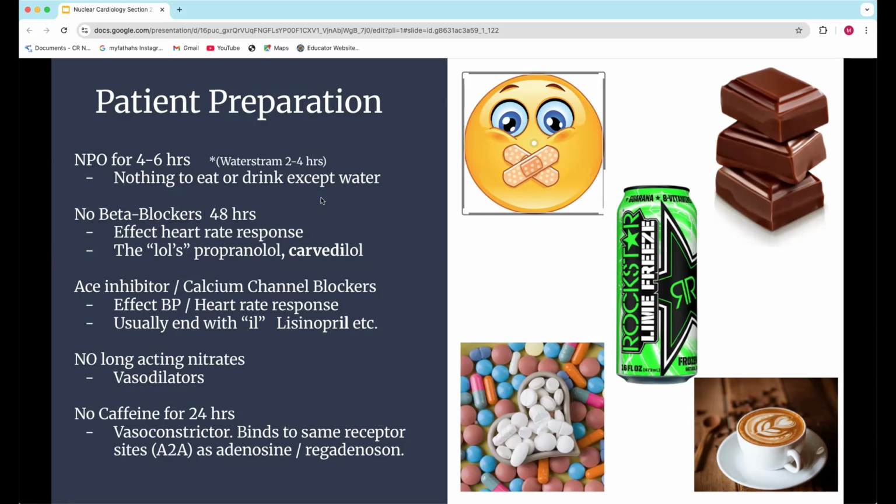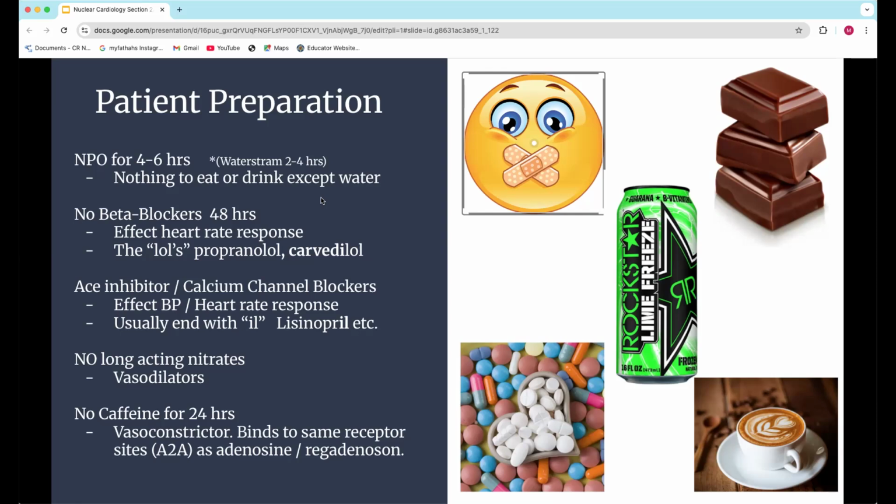The problem that comes up in our images is that the heart and the stomach sit almost on top of each other. If we get perfusion into the stomach, what we call gut uptake, right below and on the base of the heart, it's sometimes going to interfere with being able to see the apex of the heart, right? And we don't want that.